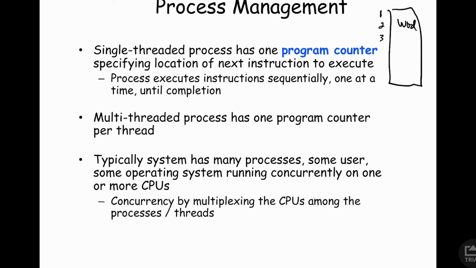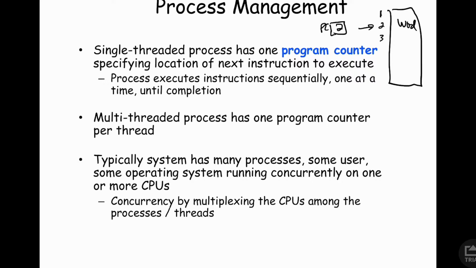When instruction 1 is executing, the program counter will have the value 2 in this example on the CPU. Because once that instruction is done executing, whether it's an arithmetic operation, floating point operation, or what have you, it needs to know where it should fetch the next instruction from, right?